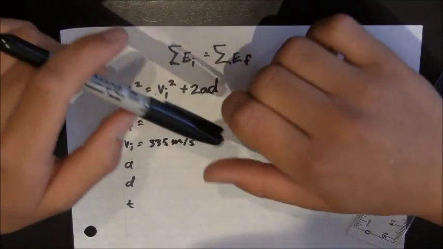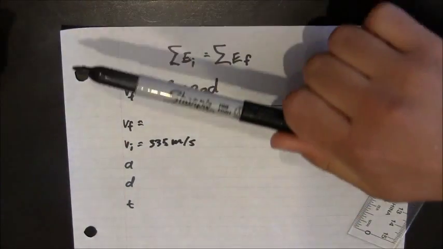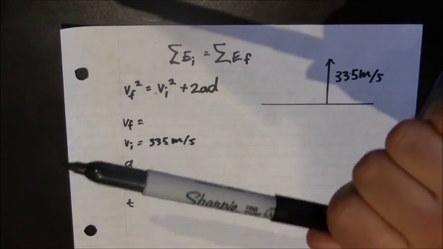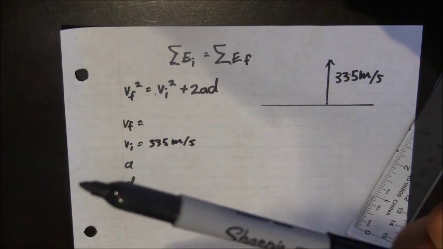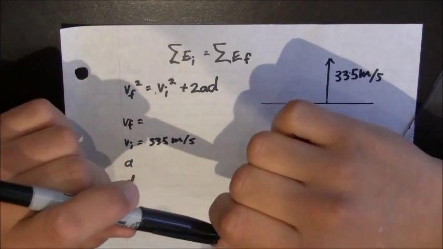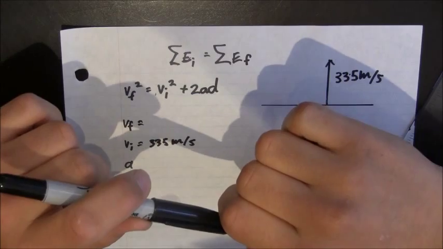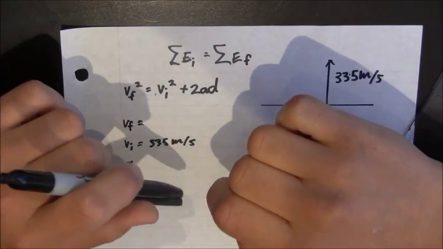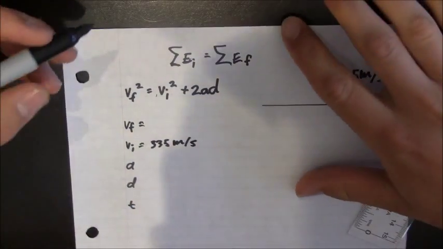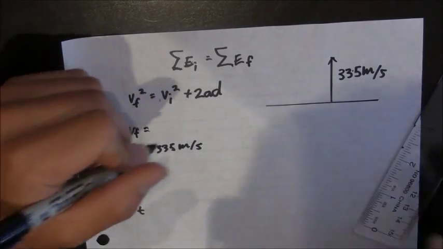If I shoot something in the air, for the slightest amount of time the velocity is zero because it's hit its apogee. It's hit the point where there's no more kinetic energy left. It's all potential energy. So VF is 0 meters per second.